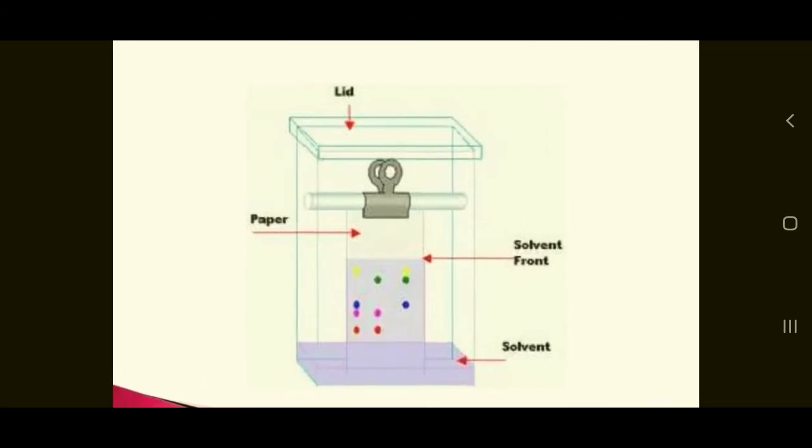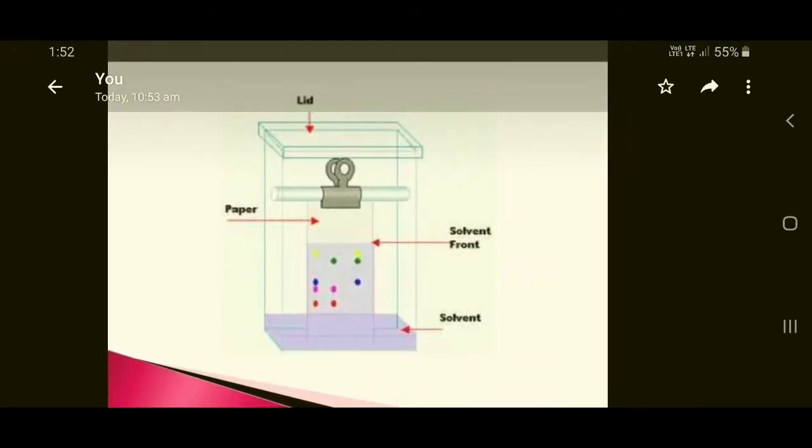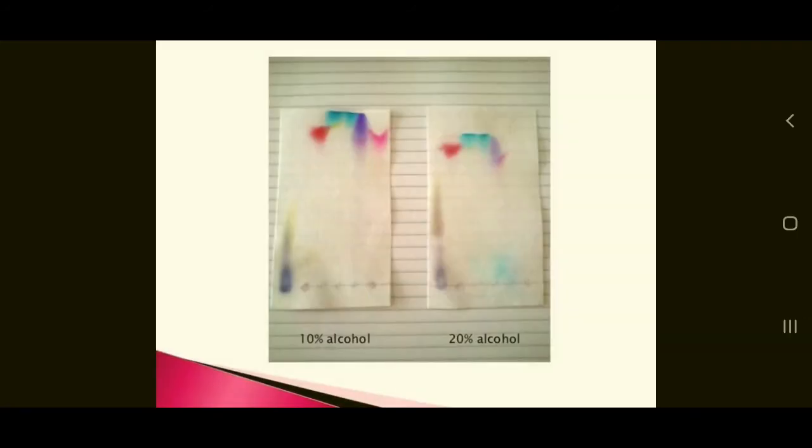So students, explain the chromatography jars and what they represent: the solvent and the solute, where the solvent is the mobile phase and the liquid in the paper is the stationary phase. So distilled water and 5% alcohol represent examples. The dye mixtures are different types with distilled water and 5% alcohol.